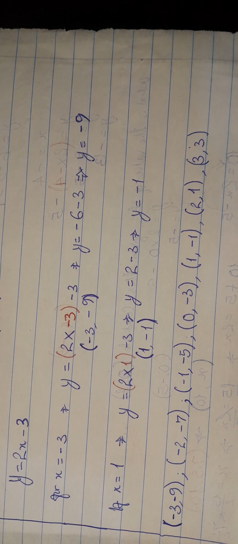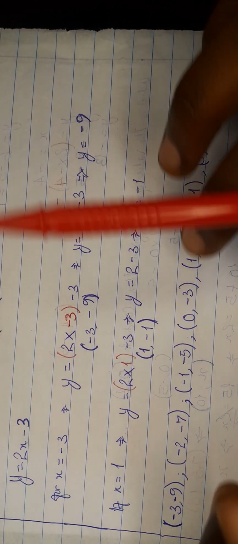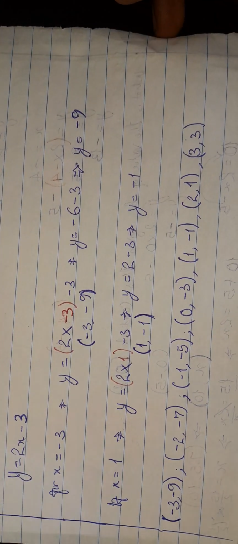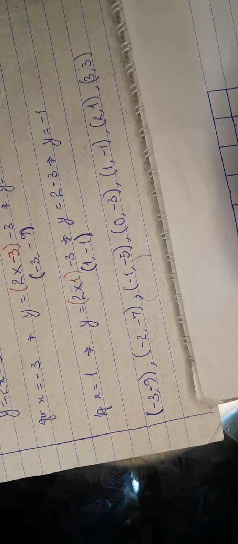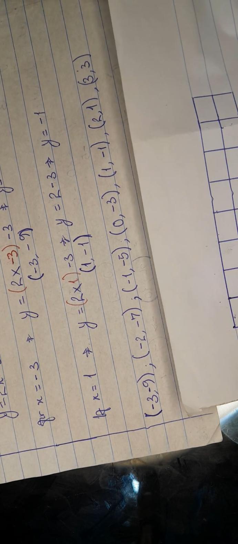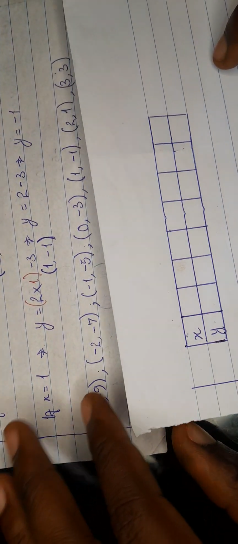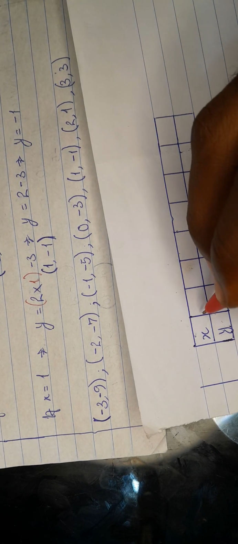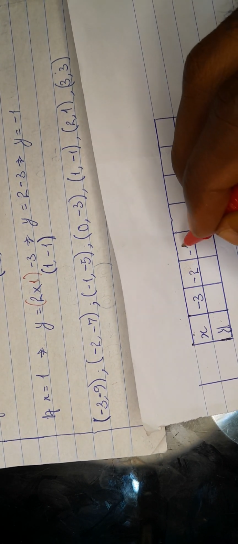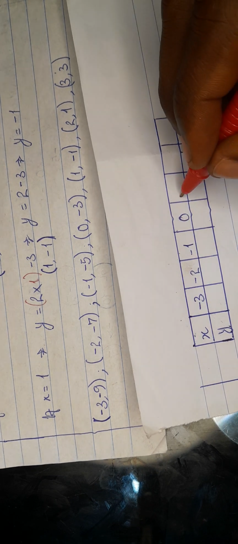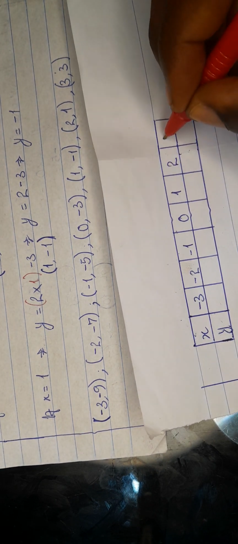This is the first method. So I'm going to put it in tabular form now. This is the value for x, this is the value for y. The value for x ranges from -3, -2, -1, 0, 1, 2, 3.